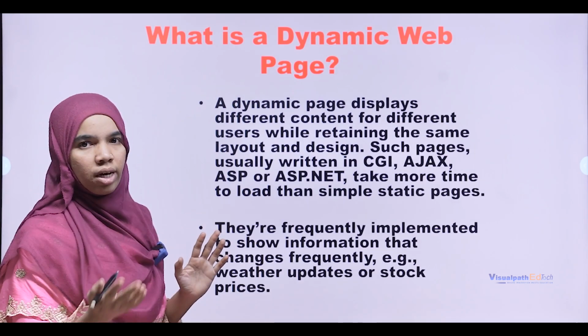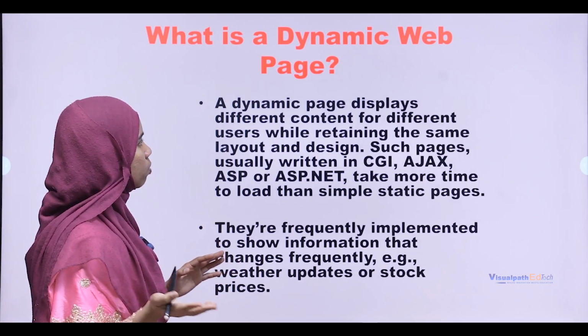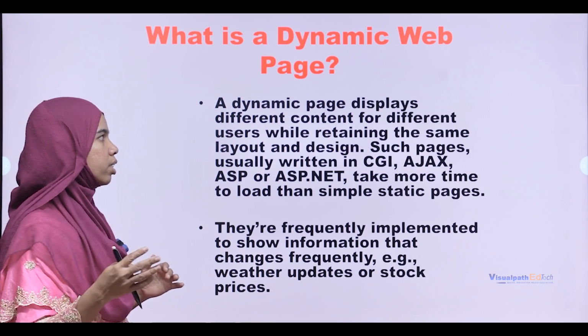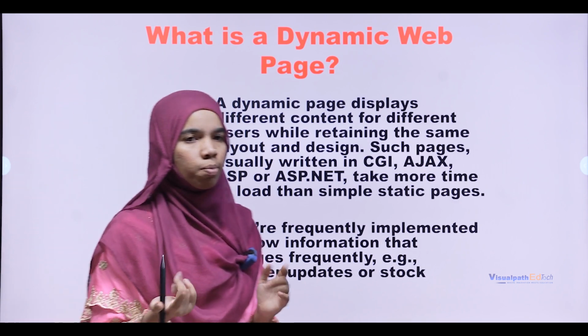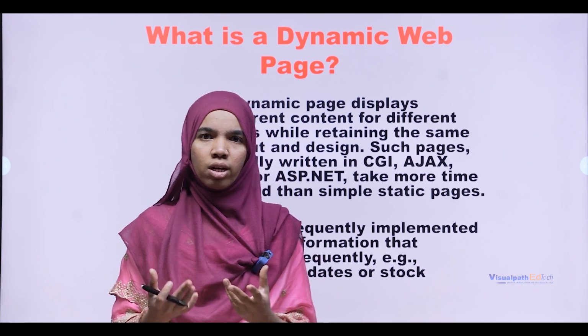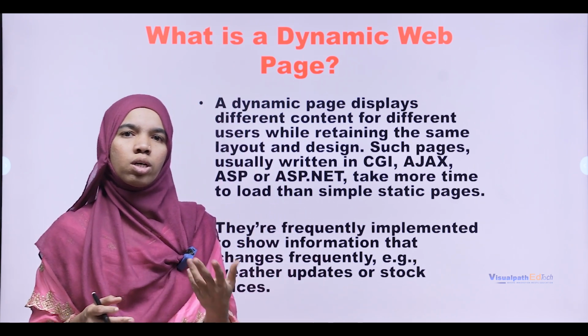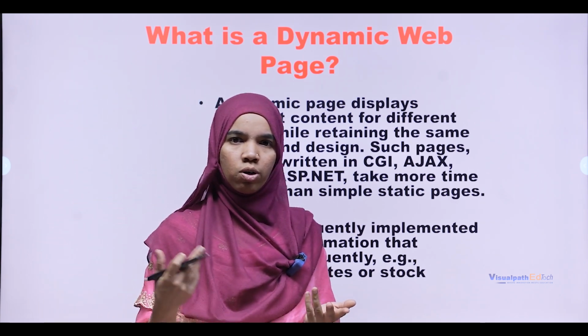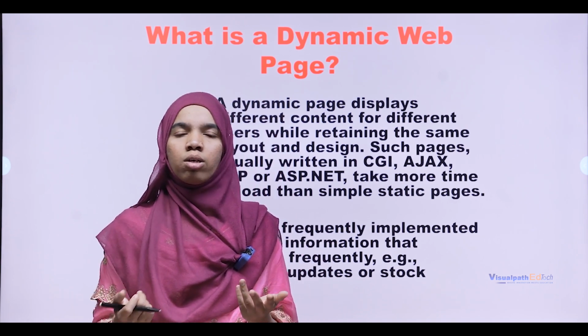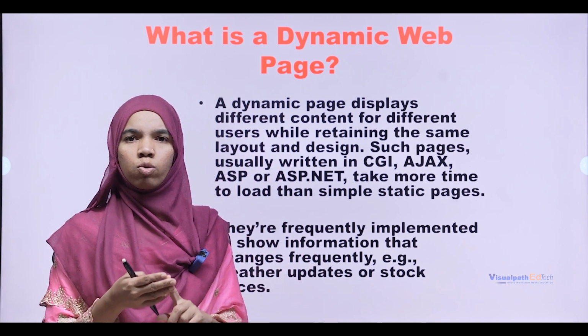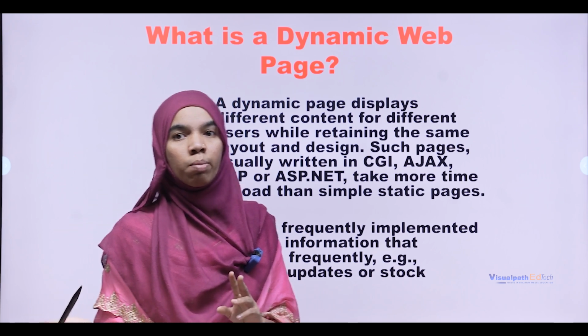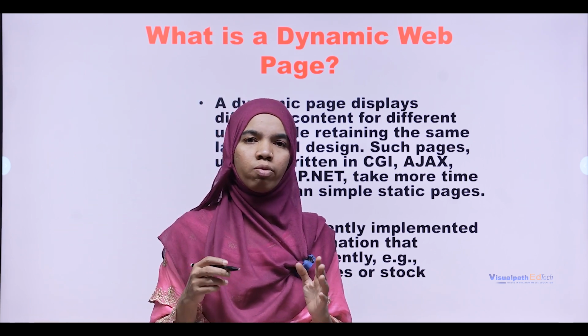Now, what is a dynamic web page then? A dynamic web page displays different content for different users. For example, if you are doing online shopping, you might have visited shopping portals like Swiggy, Zomato, Amazon.